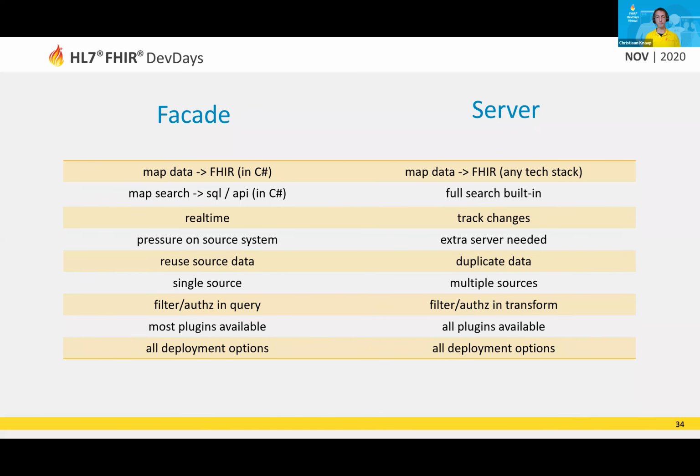And the bulk data export plugin, because that is highly optimized for the way the server stores its data itself. Lastly, deployment options do not really differ between the facade and the server. You could use everything from a Docker container, or that contained in Kubernetes, or binary executables, etc.